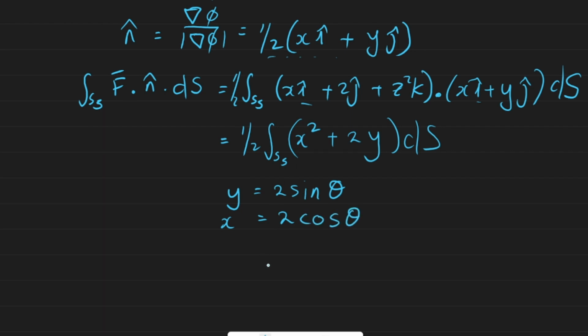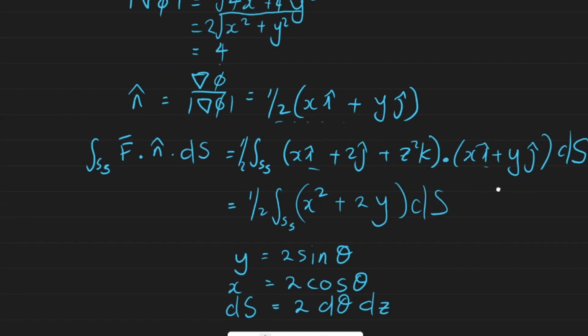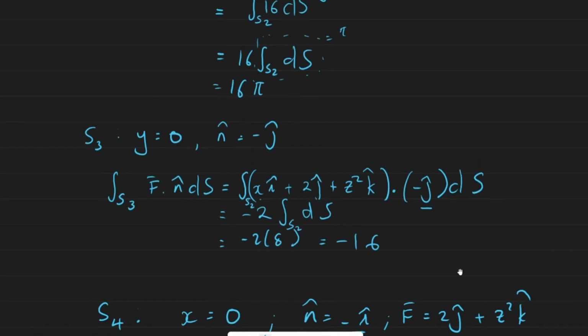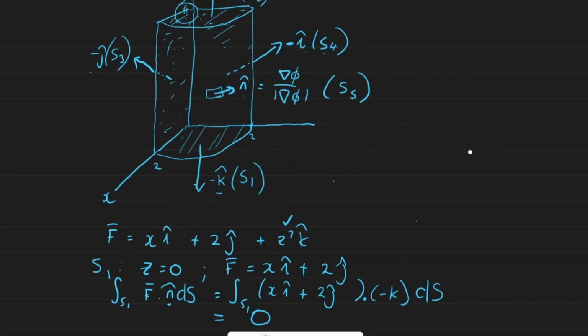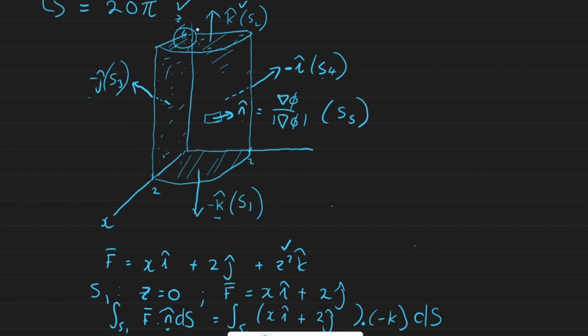So 2 is the radius of the circle, and our surface area element was equal to 2r, this is what r is, times d theta times dz. And of course, theta is going from 0 to pi over 2, and z is going from 0 to 4. That was given in the problem earlier, so we can see that in the figure itself. We can just remind ourselves that z is going from 0 to 4, and theta is going from 0 to pi over 2, 90 degrees.